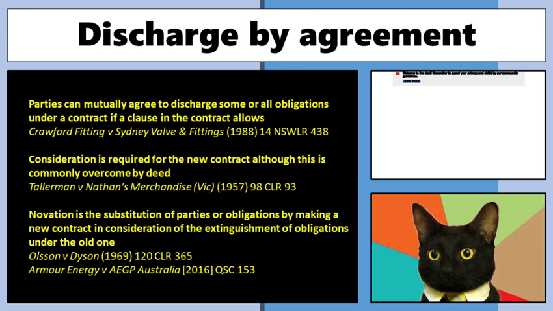Now, that's a pretty straightforward way of ending a contract. Both sides agree. Pretty easy. What is a little bit trickier is that rather than having the contract come to an end because we both discharge our obligations, we keep the contract afoot, but swap one or both of the parties. So essentially we are creating kind of a new contract where we're moving one of the parties out for a third person. The third person comes in and essentially takes over that party.